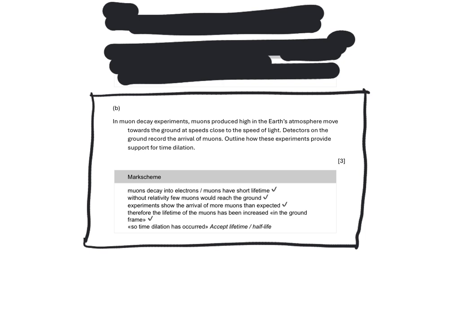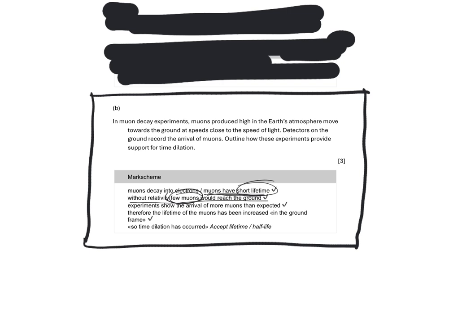All right, so there's a couple of points here. You should know, first of all, that muons have a short lifetime because they decay into electrons. So without relativity, few muons would reach the ground. They would just decay into electrons in the atmosphere.